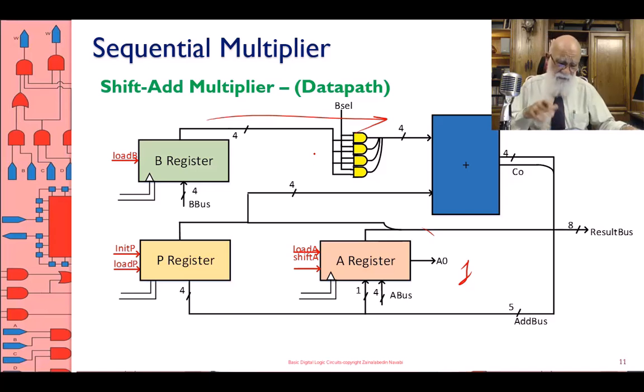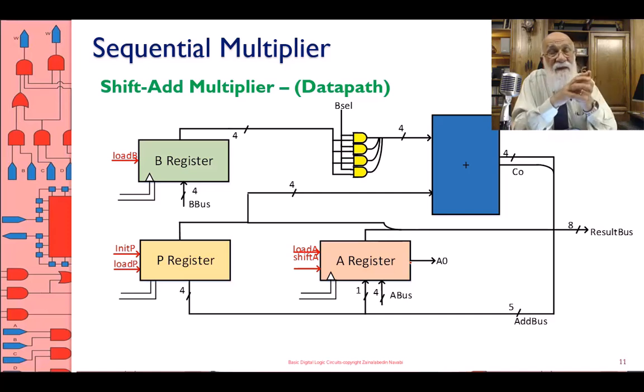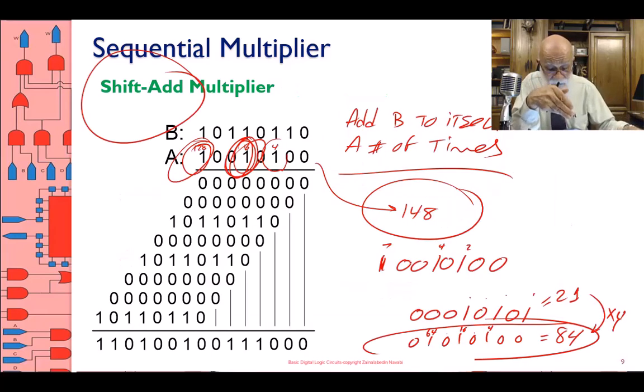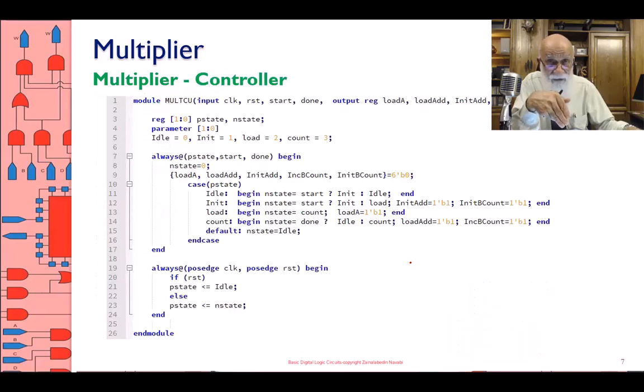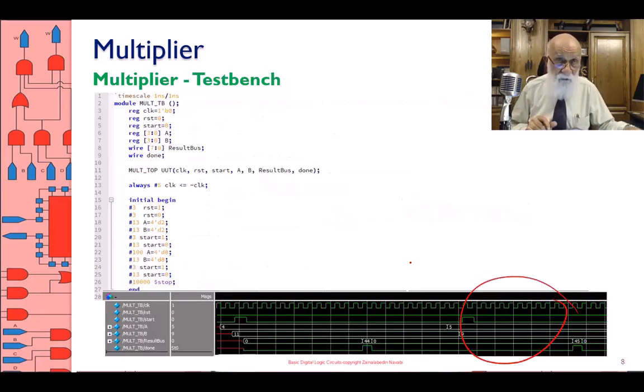Once again, the only reason I'm showing this to you is not to understand the details necessarily, but to understand that the simple way that I went through the design of the data path and everything, that's not the right way of multiplying, but this is a good example for the last RT level design in class.